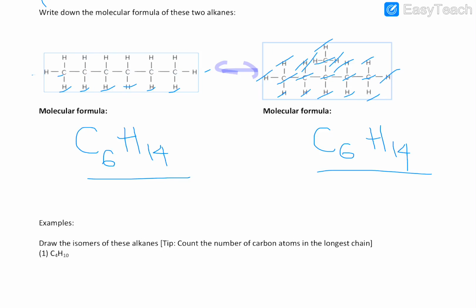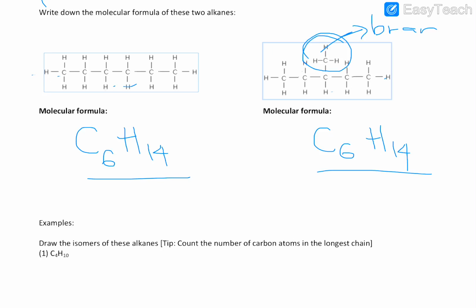If you look at this molecule and this molecule, the atoms are arranged differently in space. In this one, you see that CH3 is bonded on top, and in this one, there is no CH3 bonded on top. We call this branched. This is a branch.